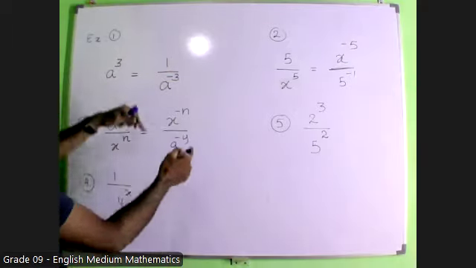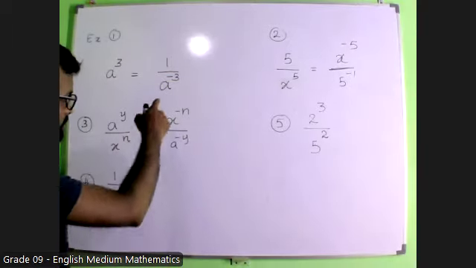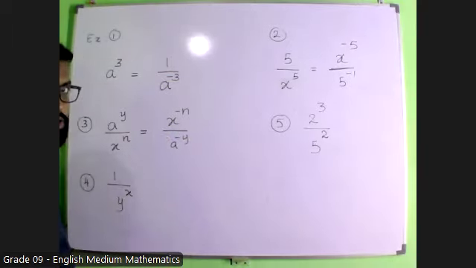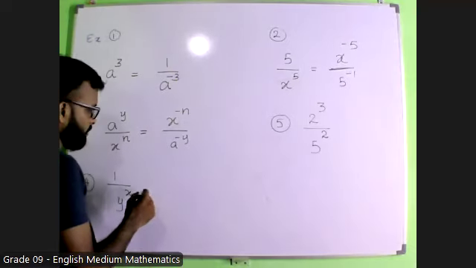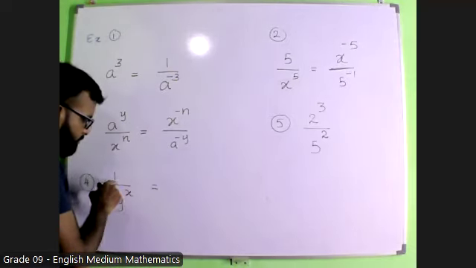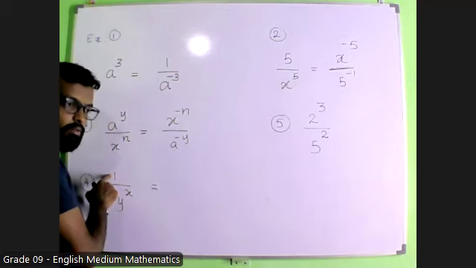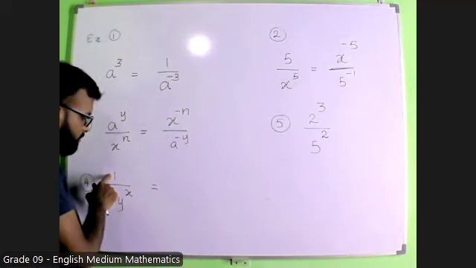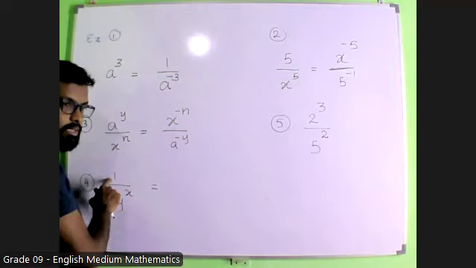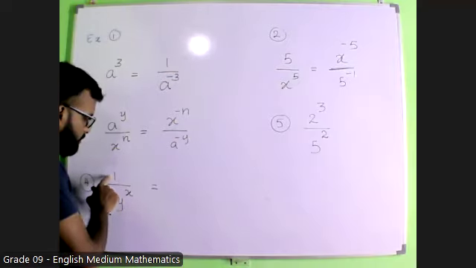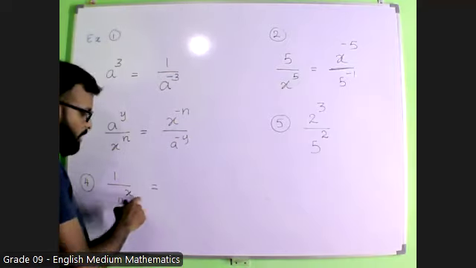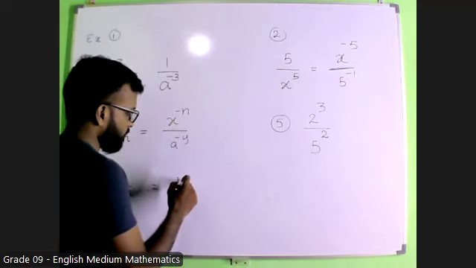So get the reciprocal and put the negative signs to the powers. And this one, can you get the reciprocal? Yes, sir, reciprocal, we need to reciprocal that. Y comes down.